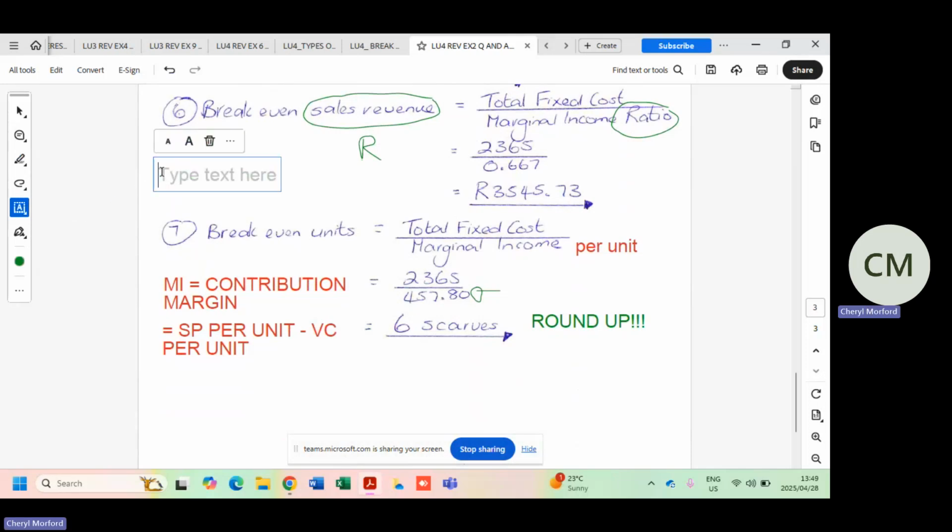So what we could do now is we could take those break-even units and we could multiply them by the selling price per unit. And in our particular case, and remember there will be slight differences here because of the rounding. Okay. We're going to take those 6 scarves and we are going to multiply them by 686.70.